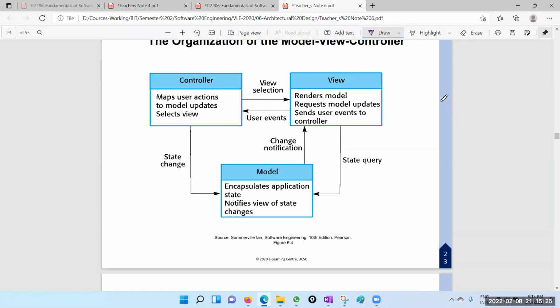So what happens is when a customer or client or user wants some functionality, his or her request is initially sent to the controller, or the user's actions are mapped to the controller. The controller is the controlling part. Okay.